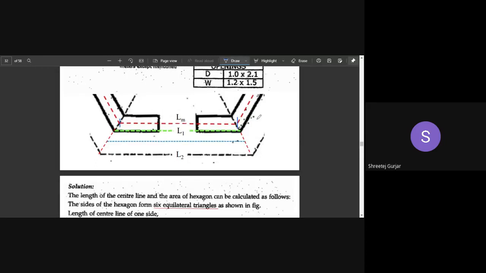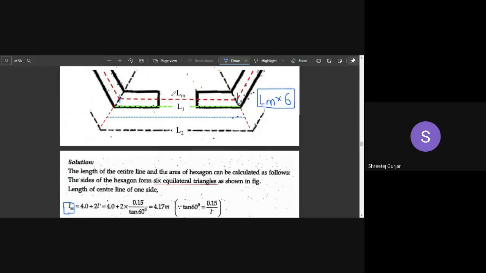If you multiply LM by the number of sides, into 6, you get the total center line length. LM is the mean length, so we can call it center line or mean or middle, since it is at the middle part of your wall.